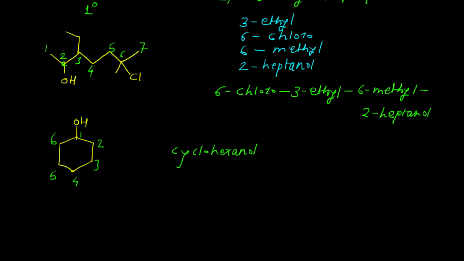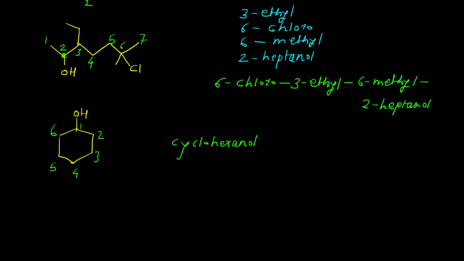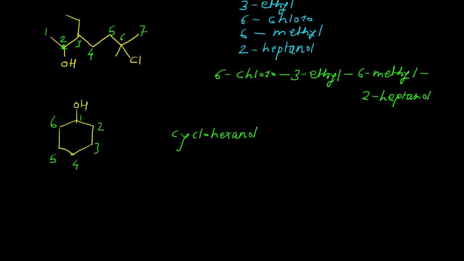Now let us take the example where two OH groups are present. So if we have the 6-member cyclic ring with two OH substituents, while writing the numbering to this ring, we must start with 1. So this will become 2, 3, 4, 5 and 6.